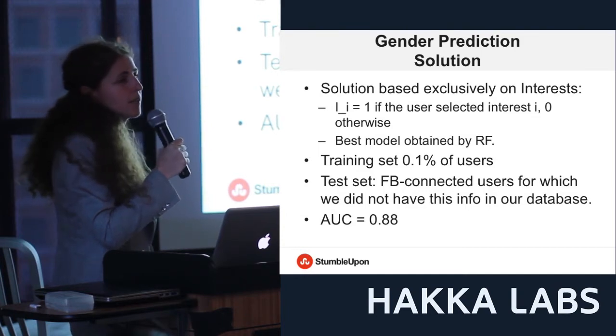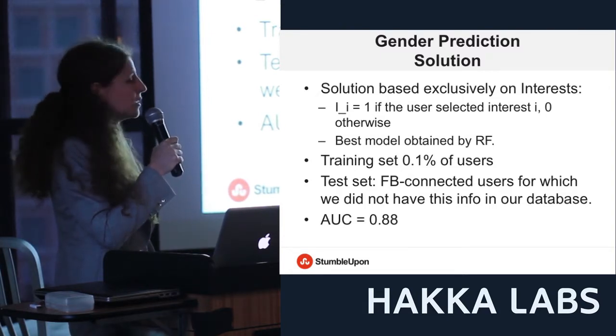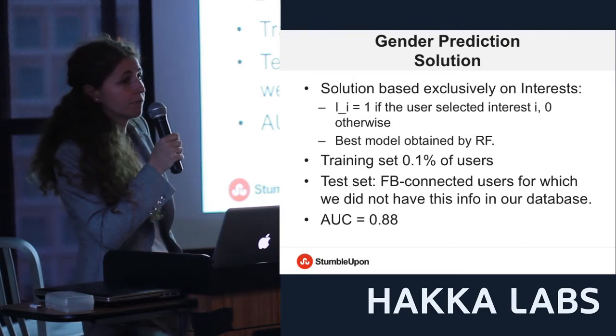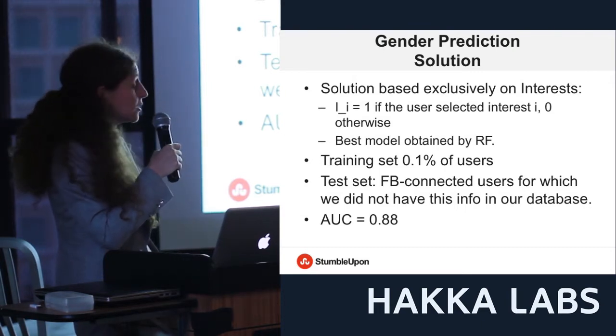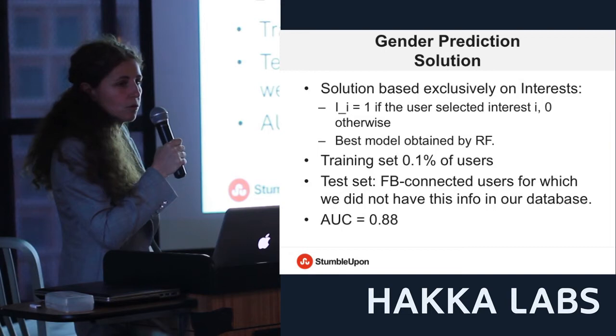We train this model every night on 0.1% of our users, and initially we test on the Facebook-connected users for which we did not have any information. The AUC is 88, way higher than what is reported in the literature for the same problem, just using interests.